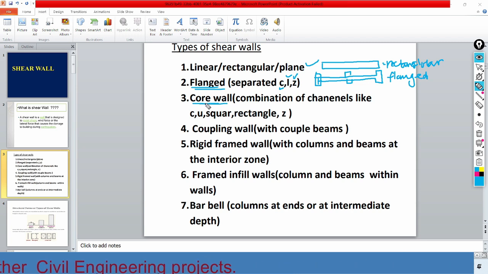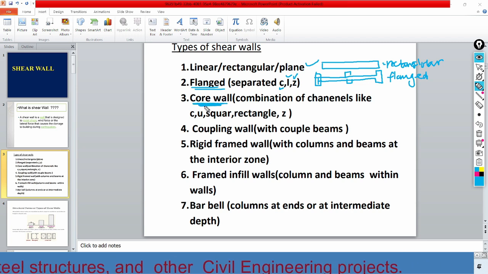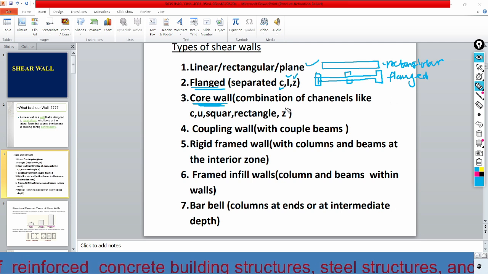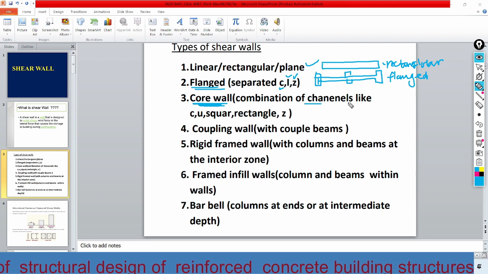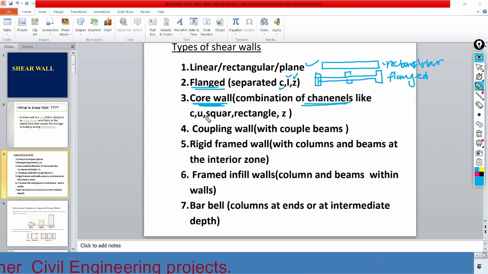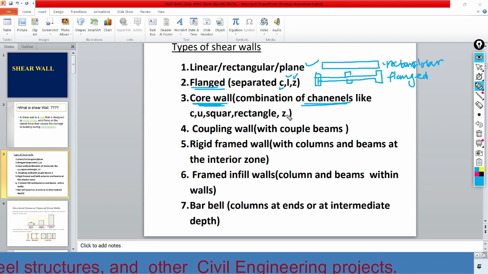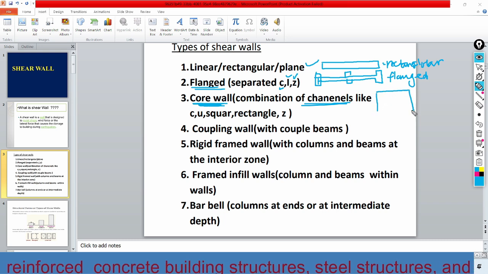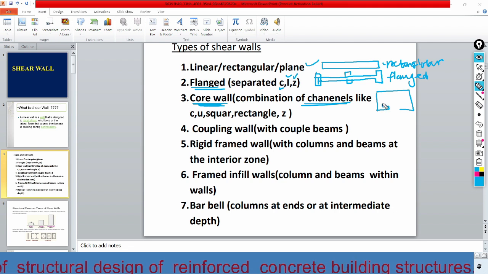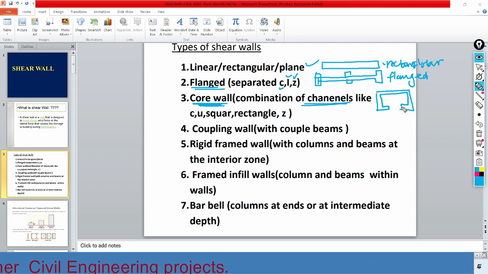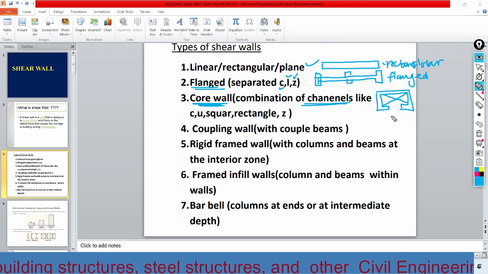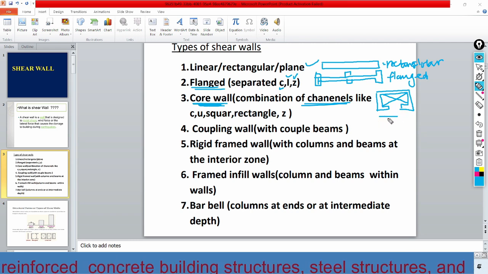This can be located at the lift location. It is a combination of channels like C, U, square, rectangle, or Z. We may have a core wall like this, and here is the location of the lift.